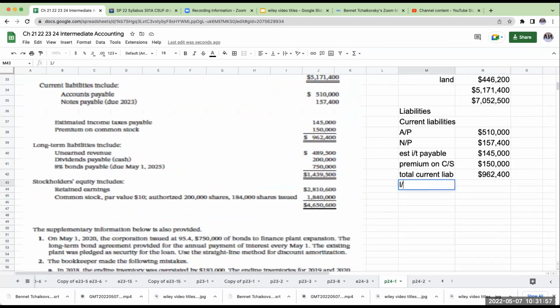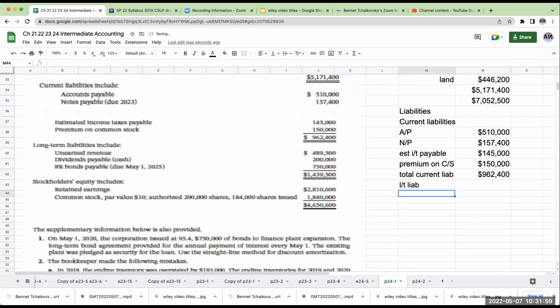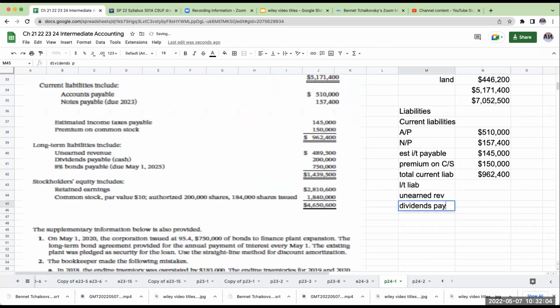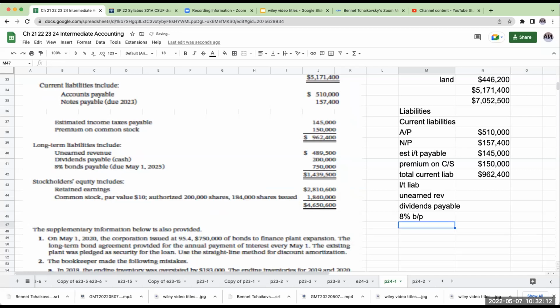Our long-term liabilities: unearned revenue, dividends payable, 8% bonds payable. Both unearned revenue and dividends payable should be current liabilities, while the bonds are good as non-current.